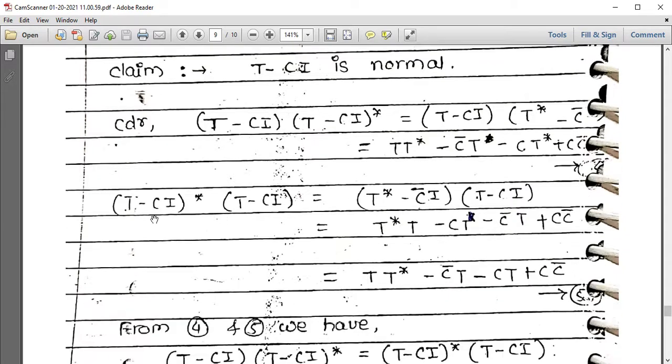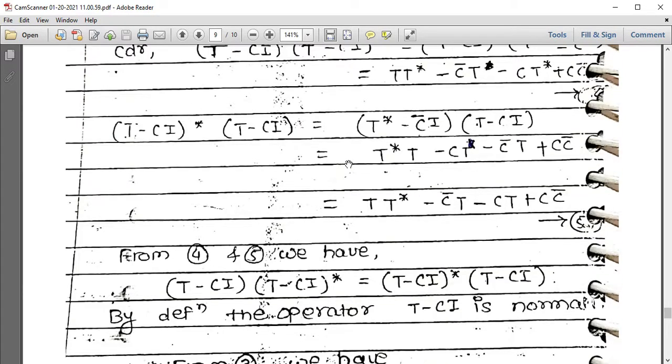Now consider (T minus cI) star into (T minus cI), which is equal to (T star minus c bar I) into (T minus cI). By solving this, we get T star into T minus c into T star minus c bar into T plus c into c bar. So at the end, we get T into T star minus c bar into T minus c into T star plus c into c bar.